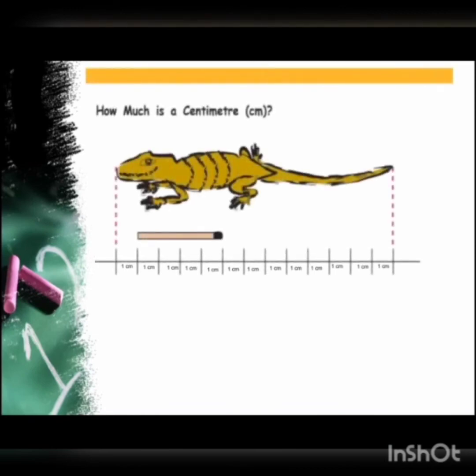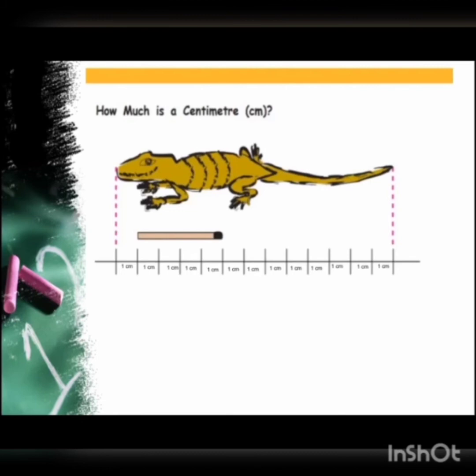Now, the next topic is how much is a centimeter? Here, you are supposed to find out the length of different things using a ruler. Kindly note there is a distance of 1 centimeter between two standing lines of the ruler.